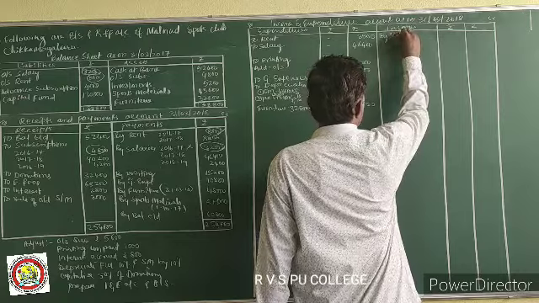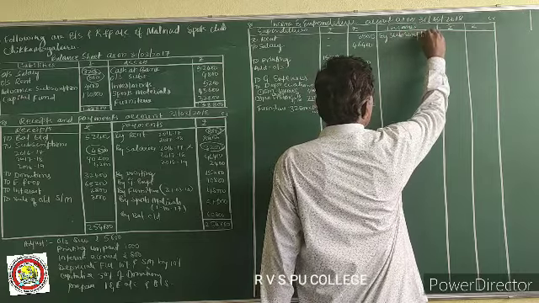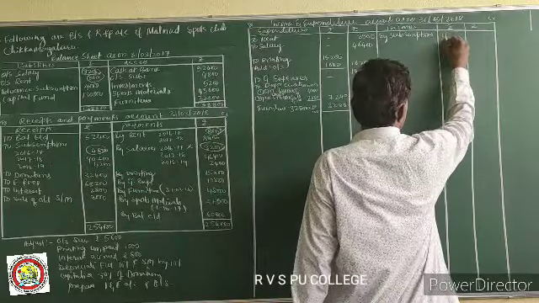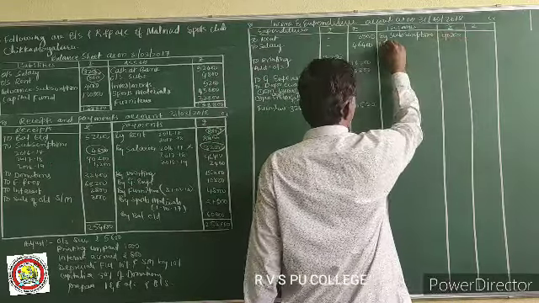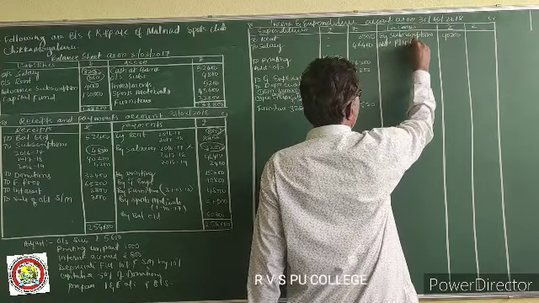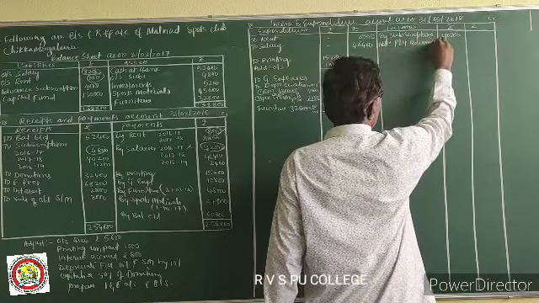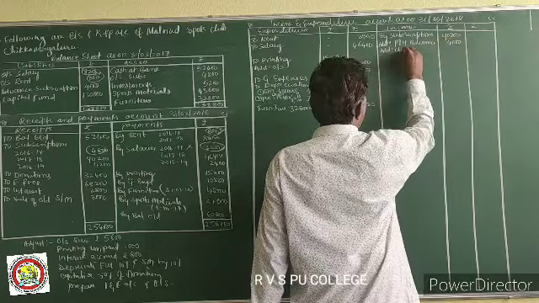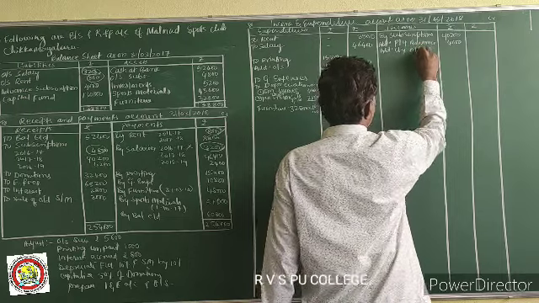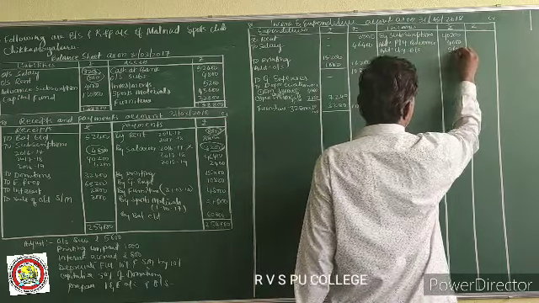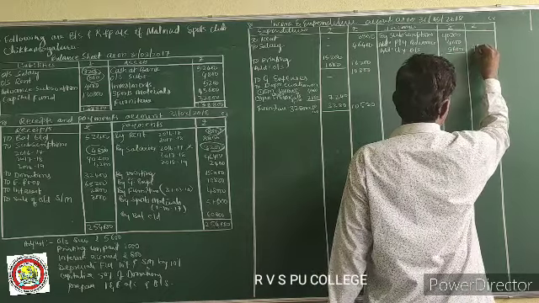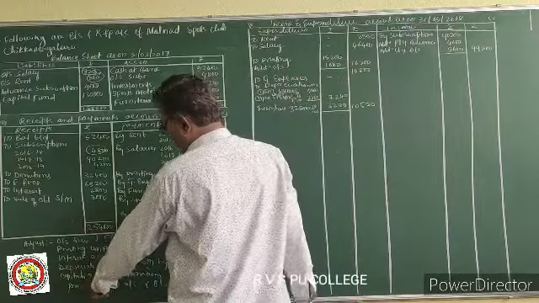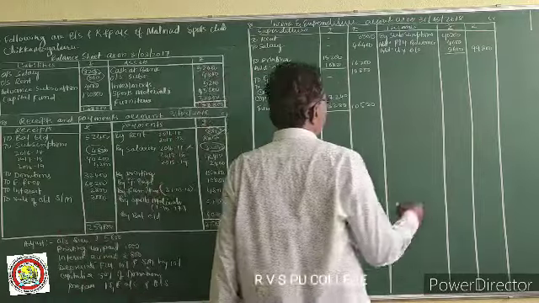By subscriptions, see, subscriptions for the current year is 90,200. 90,200 add previous year advance, so 4,000, add current year outstanding 5,600, totally 99,800.